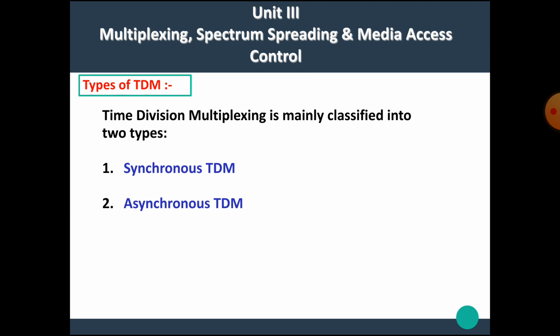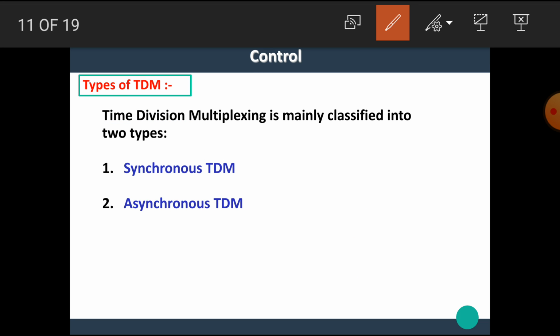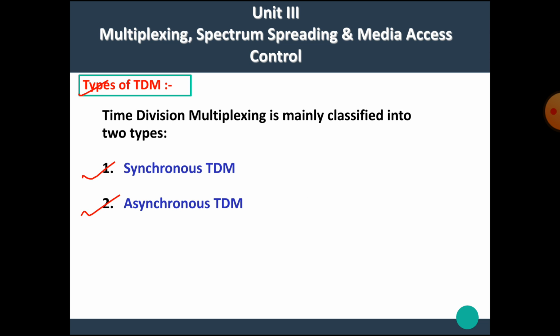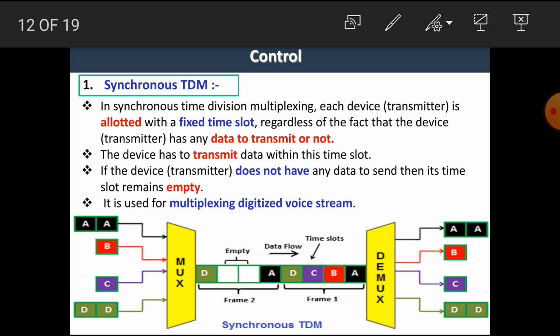Now let's see the types of TDM. There are mainly two types of TDM. First one is synchronous TDM and second one is asynchronous TDM. Let's see the details about each type one by one. First one is the synchronous TDM.